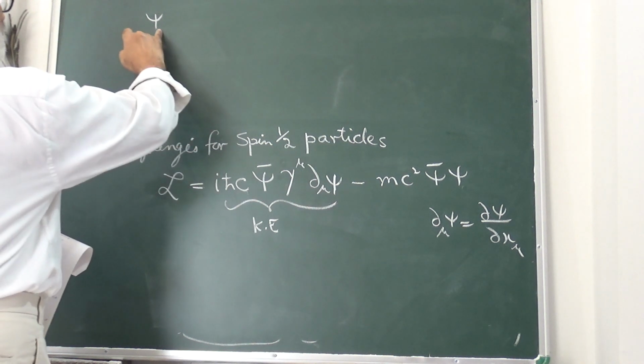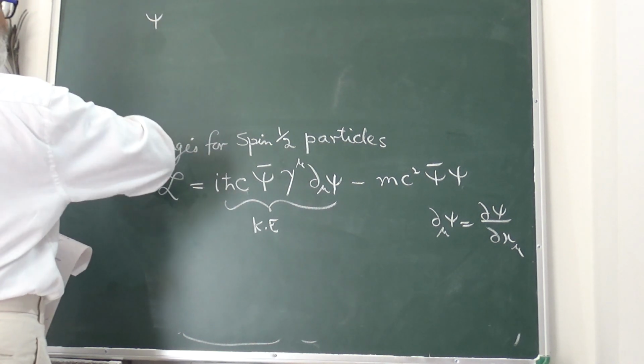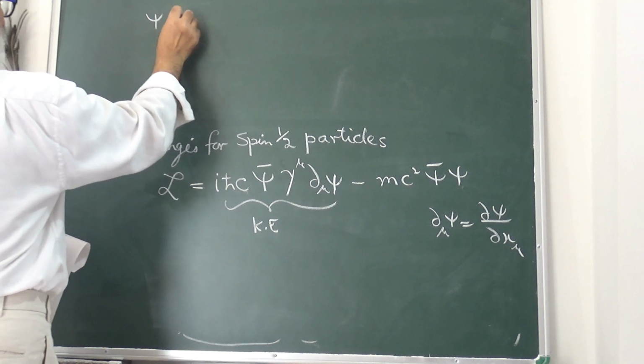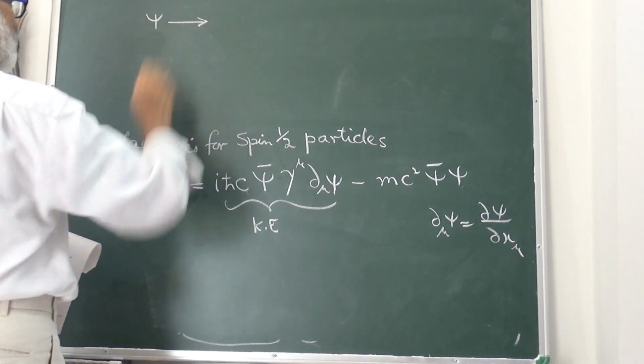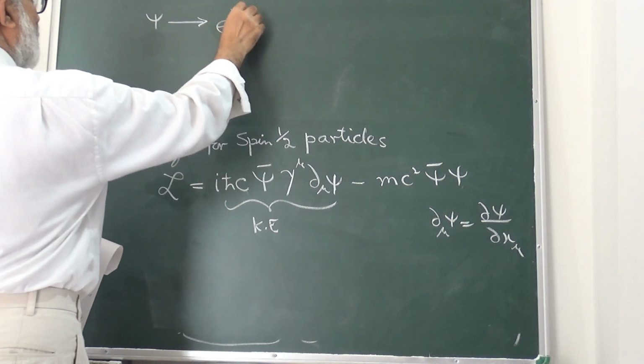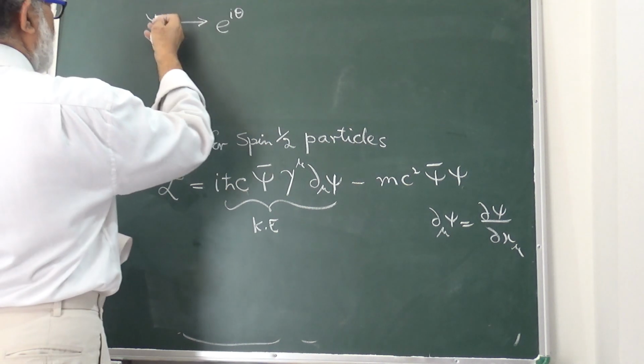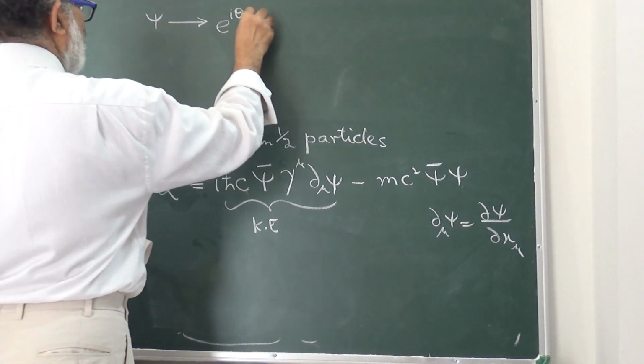There is a change in phase produced in it. Suppose this is multiplied by some constant phase factor e to power i theta, where theta is constant. So the phase of the field varies.